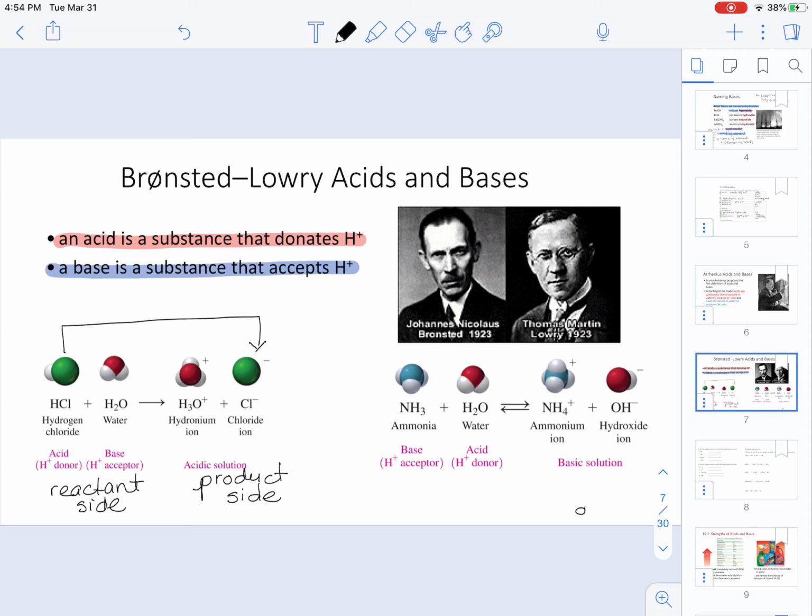Once it loses that proton, it's going to form that chloride ion. When water accepts that proton, it goes from H2O to H3O plus, because remember that it is gaining a positive charge, okay? I should clarify that every time I refer to an H plus, I call it a proton, because commonly that's how we name them.